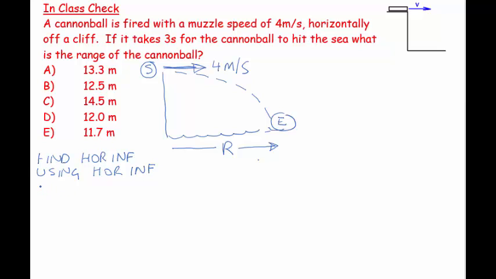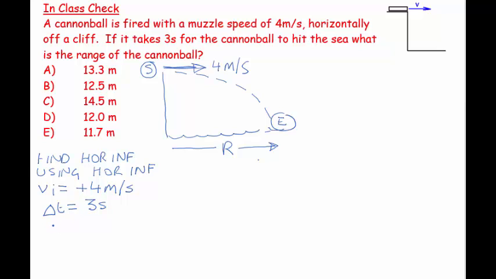So if I look at my diagram, my V initial at the start of my journey is equal to plus 4 meters per second. It's plus because it's moving to the right. And I know that my delta t, my time for my journey during this projectile motion, is 3 seconds.